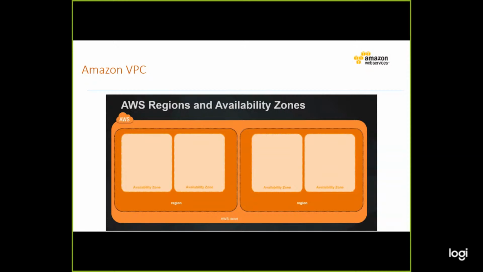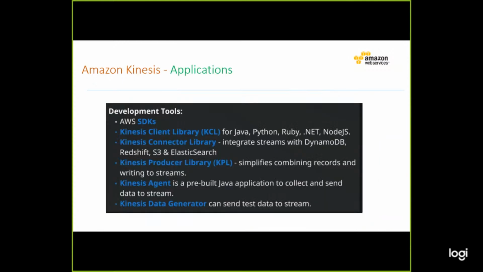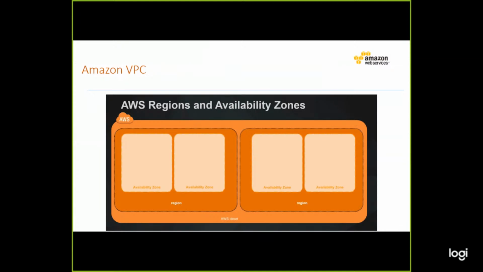This design diagram allows you to use your virtual private cloud environment across multiple regions and multiple availability zones. The reason I put this behind Kinesis is because we can distribute our application across these multiple availability zones, regardless of whether it's Kinesis or S3. Now, let's see what's next.